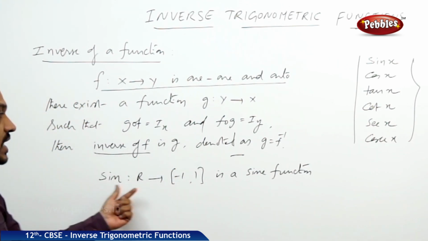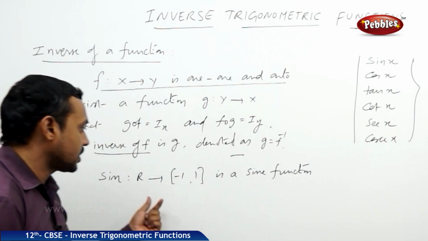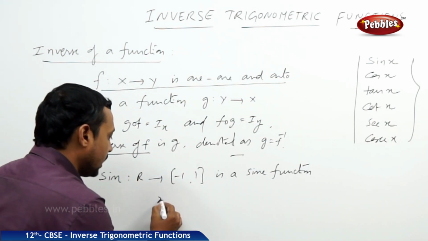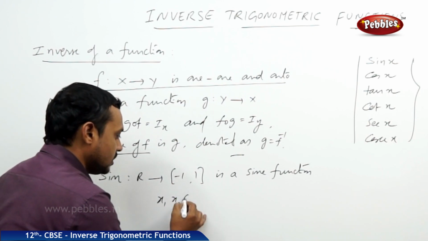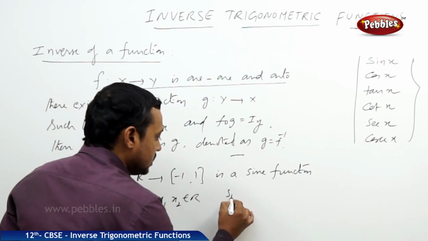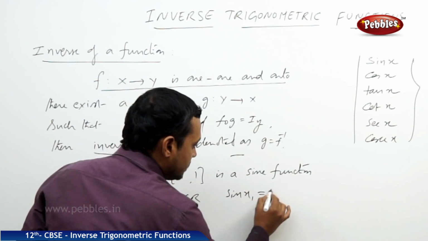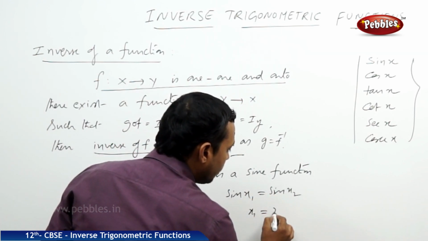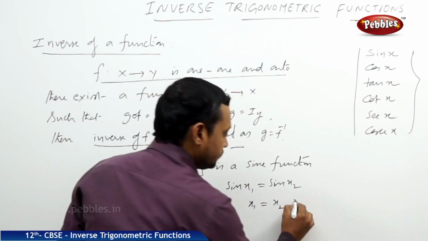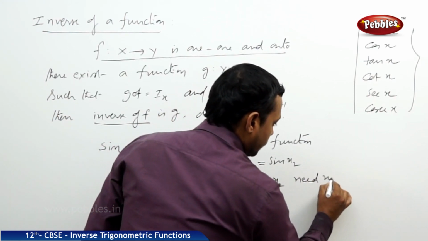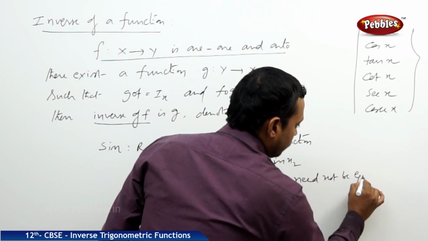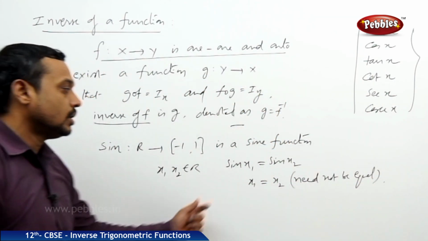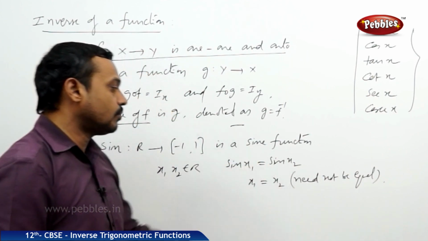But here sine is not a 1 1 function under the domain R. Why? Because if we take any two elements in that set R, sin x1 is equal to sin x2, then x1 need not be equal to x2.